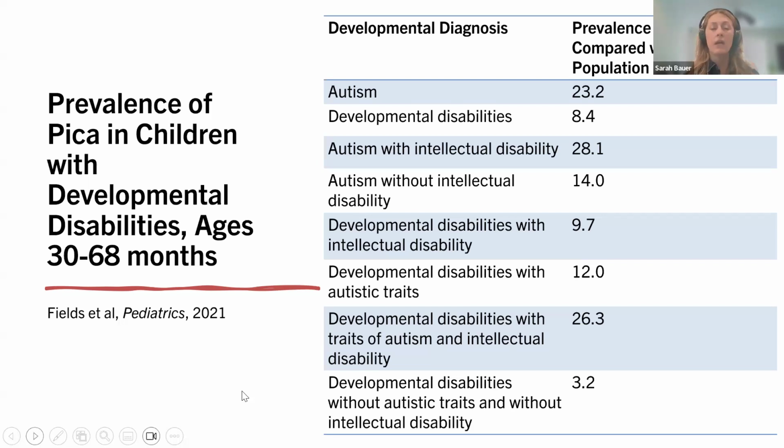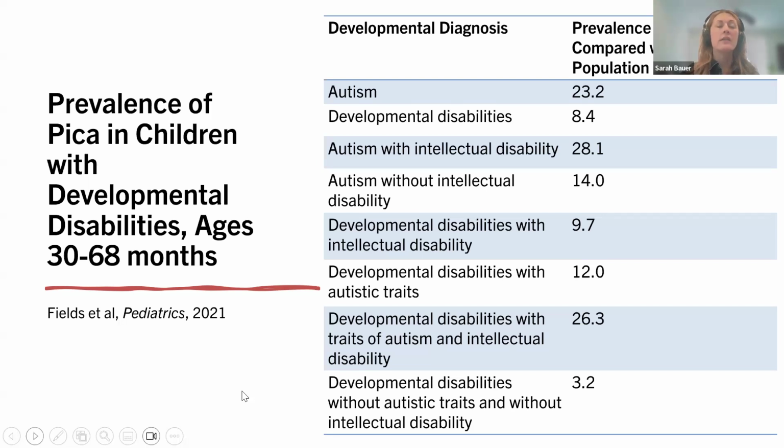And then it goes down, right? And it sort of separates out with intellectual disability and without intellectual disability. And then there's also kids who have developmental disabilities with autistic traits, but who do not necessarily meet the diagnostic criteria. Those kids also have a much higher prevalence of 12.0%.